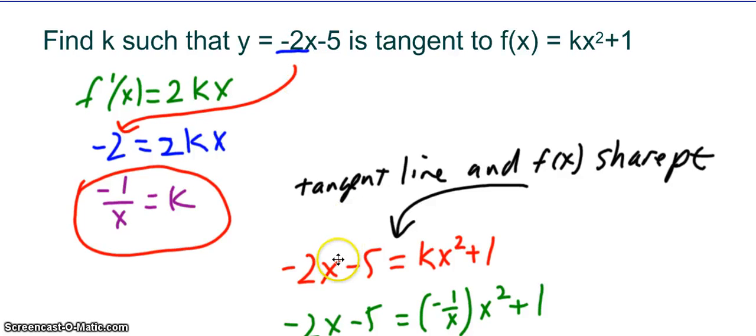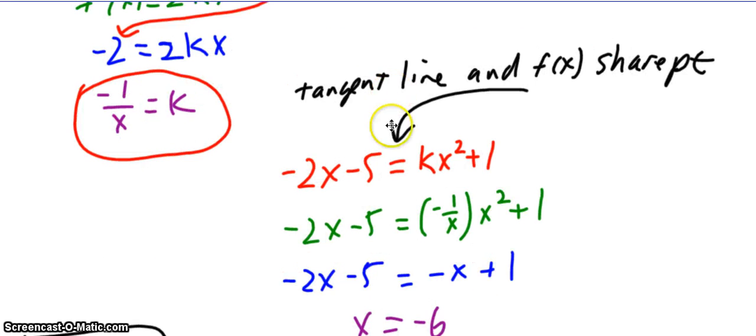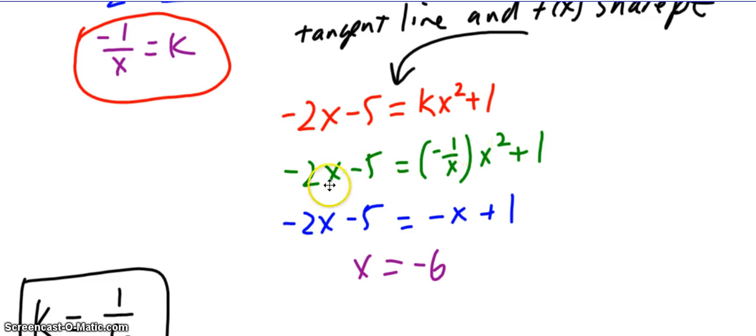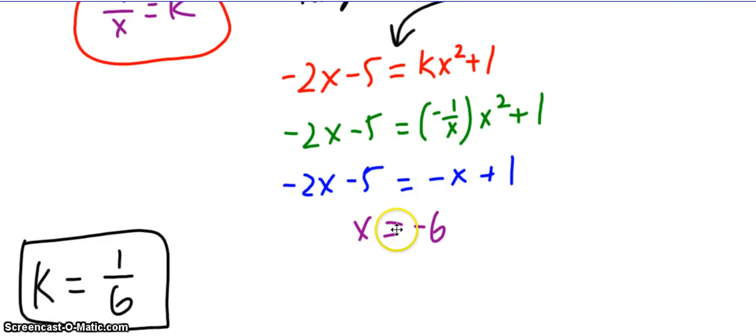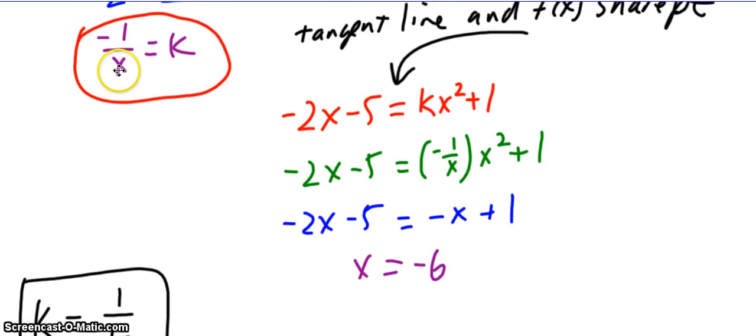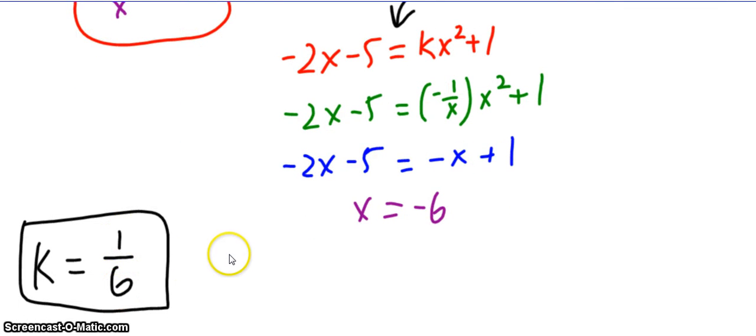So I can say -2x minus 5 equals kx squared plus 1. I'm substituting because normally these both equal y. Then for the k, I substitute in -1 over x, simplify, solve for x, and I get x equals -6. Then I take that -6 and plug it back in here, and I get k is 1/6.